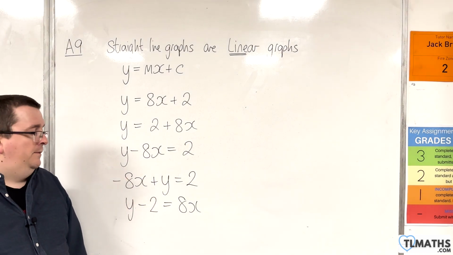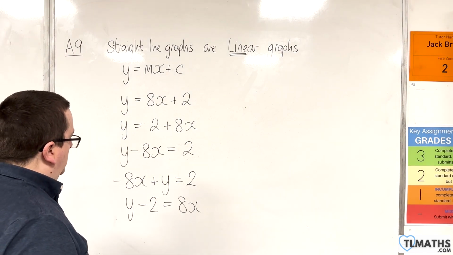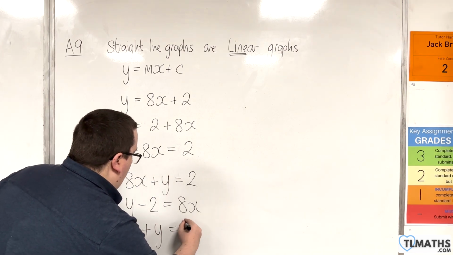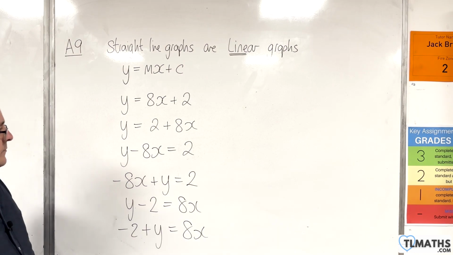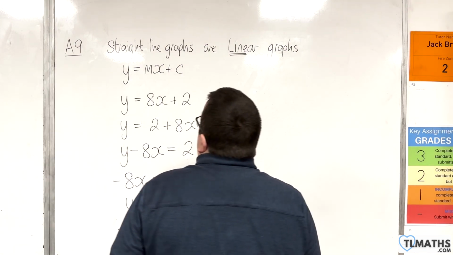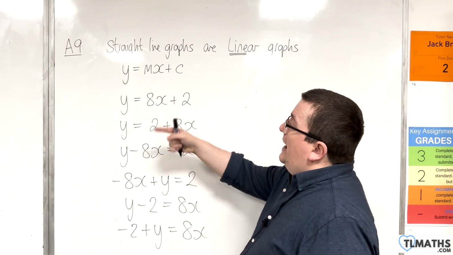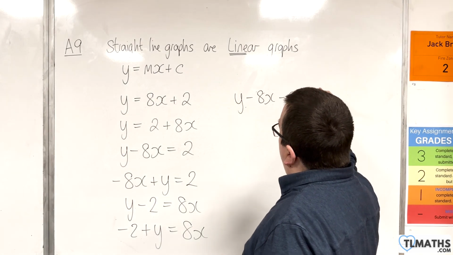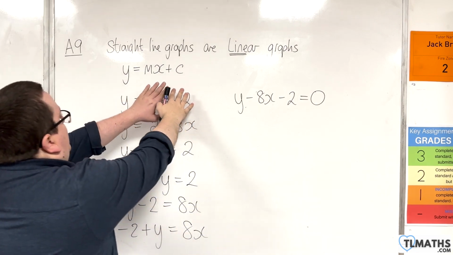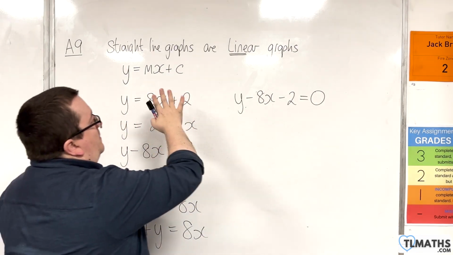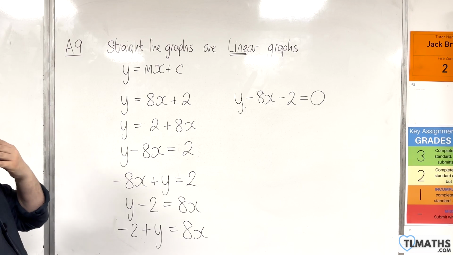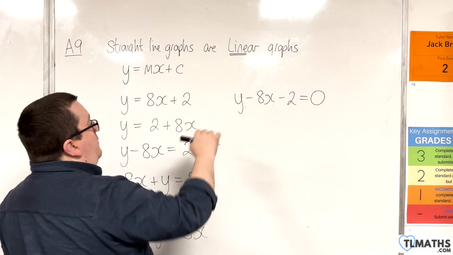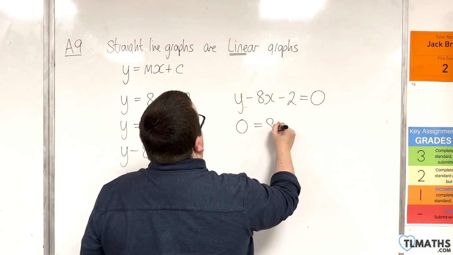Same graph as the other ones. I could rearrange those two terms. Minus 2 plus y equals 8x. In fact, I could have subtracted the 8x and the 2 from both sides, all in one go. If I subtract 8x and 2 from that side, then I'll be left with 0 on the right hand side. I could have subtracted y from both sides and ended up with this.